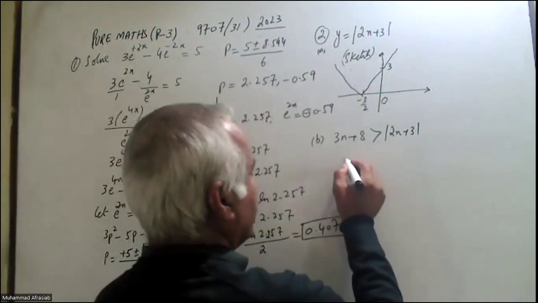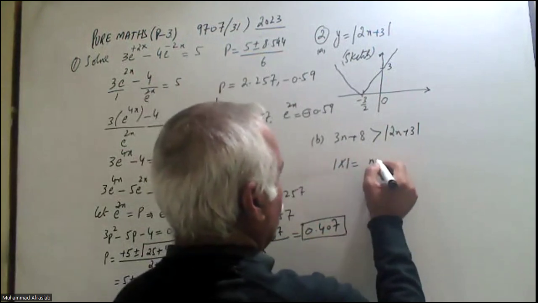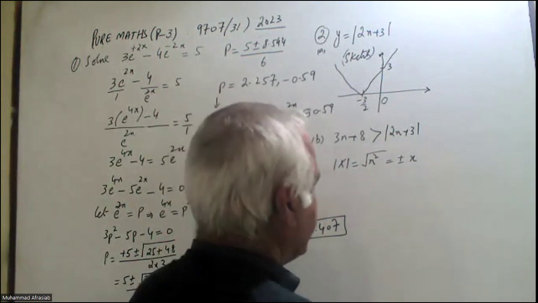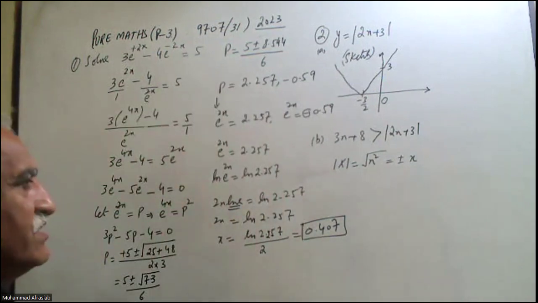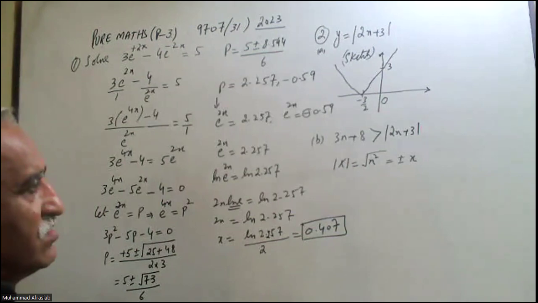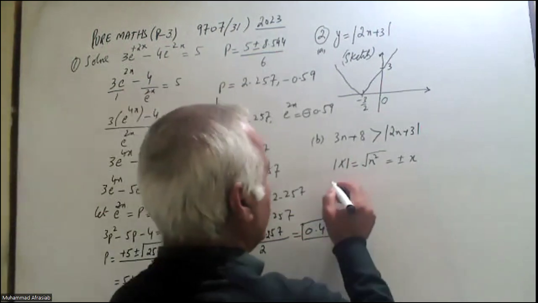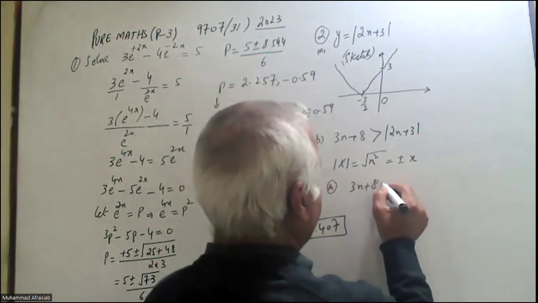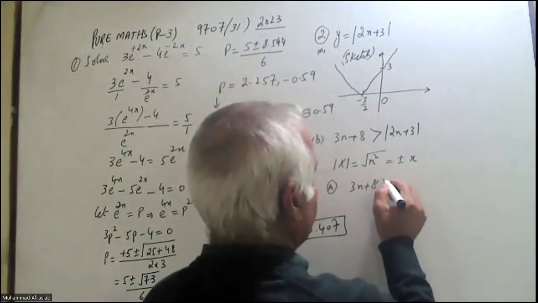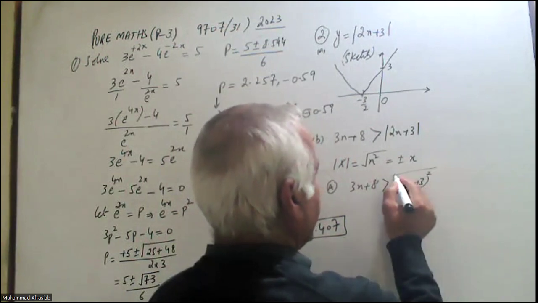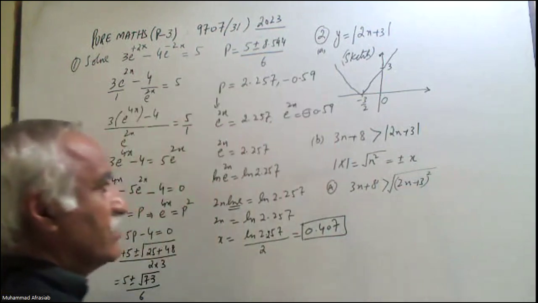We know that modulus of x is basically equal to the square root of x squared, or it is equal to plus minus x. So you have two options. When you remove the modulus, it can be plus x and it can be minus x. So either you can use method A. 3x plus 8 is greater than the square root of 2x plus 3 whole squared, by using the basic definition.